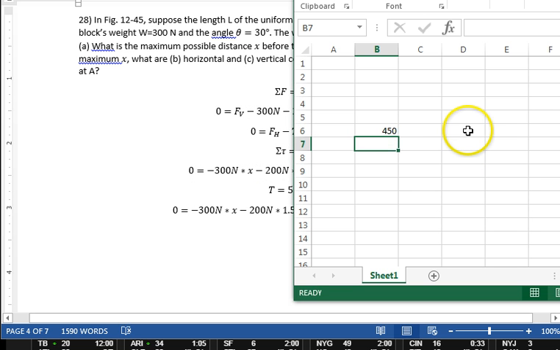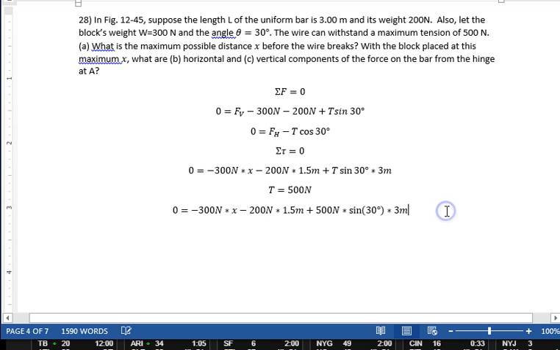Yes, you don't put units in Excel. Okay, and now we need to take that and divide it by the 300 newtons, and so we get 1.5 meters. So once we exceed 1.5 meters, the tension hits 500 newtons and the wire breaks.